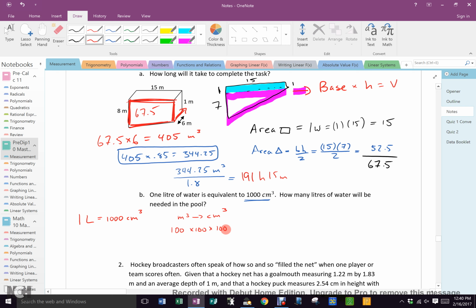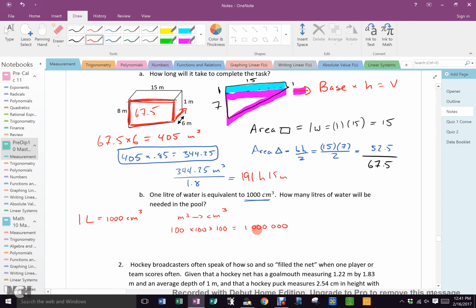Another 100. And what does that equal? 1,000,000. Does everybody see that? Does everybody understand that? You can't convert it straight across because to measure volume, you need to measure 3 things. So you have to convert all 3 things. Get it?